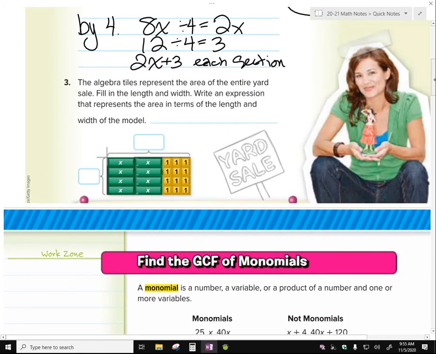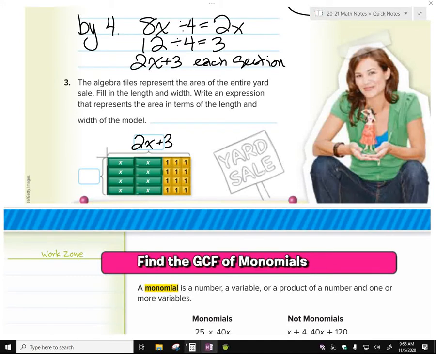So, the algebra tiles represent the area of the entire yard sale. Fill in the length and width. Write an expression that represents the area in terms of the length and the width of the model. For this top box, there are 2 x's and 3 integers on the top.